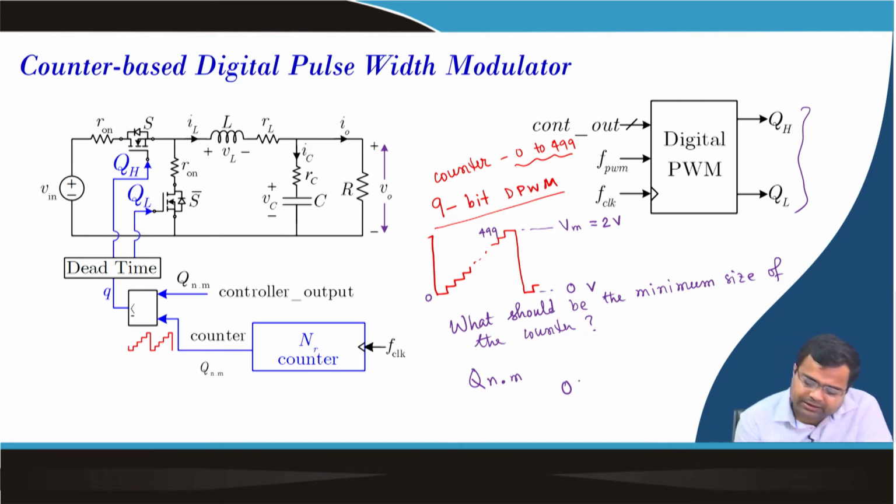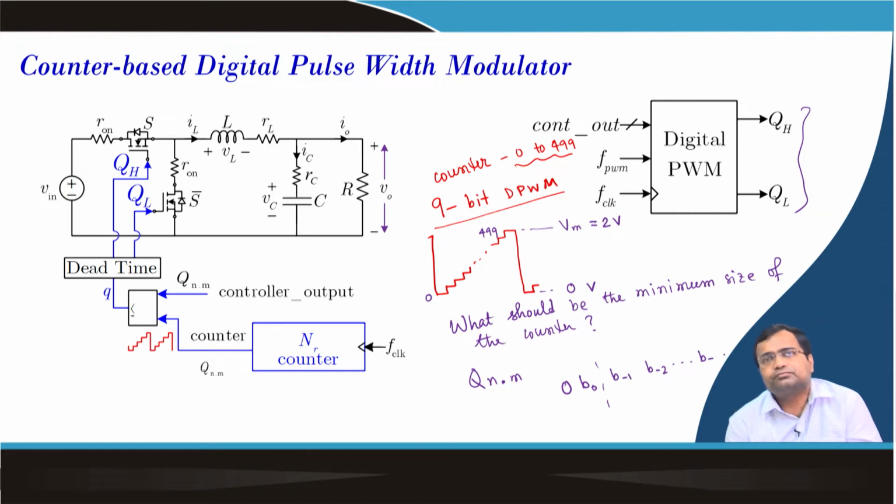So, the rest of the bit, if it is 9 bit, the other bits will be B0, then B minus 1, B minus 2, like that. Let us say the total is 9 bit.